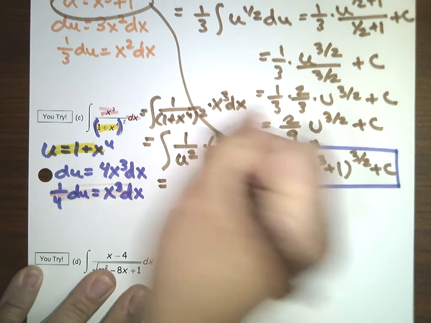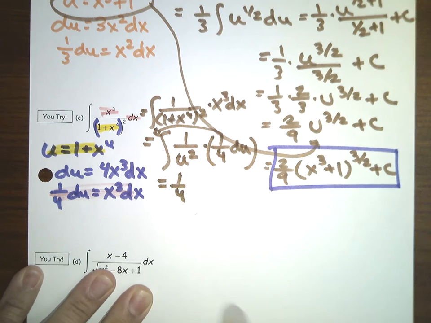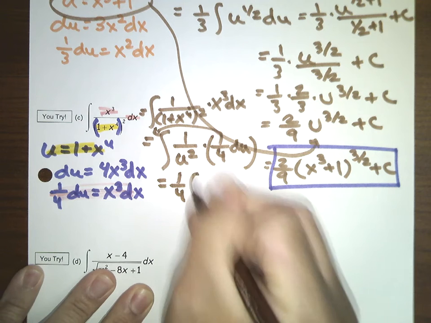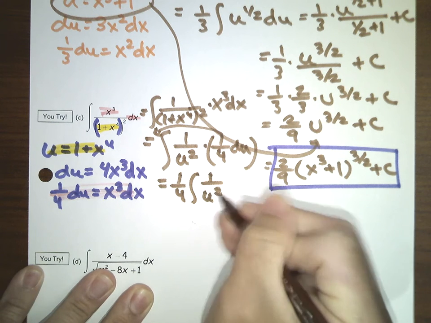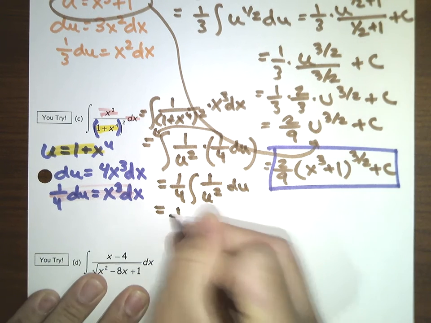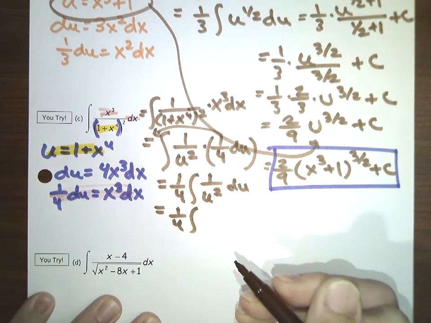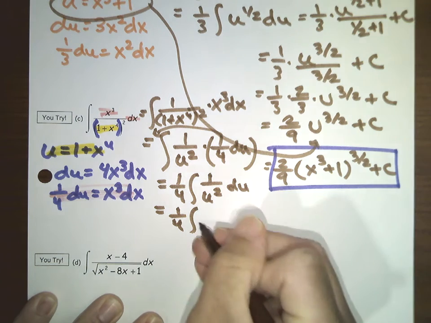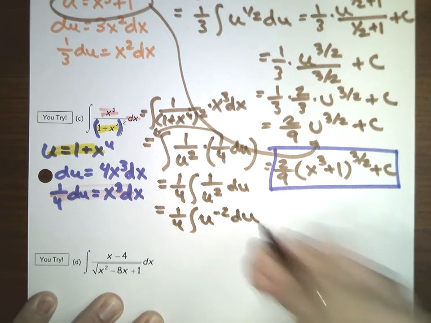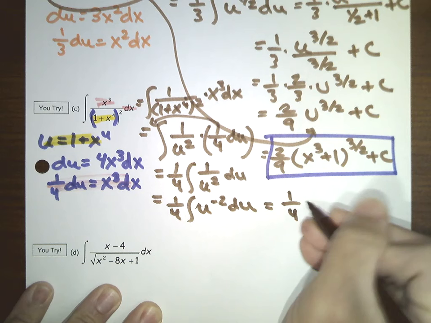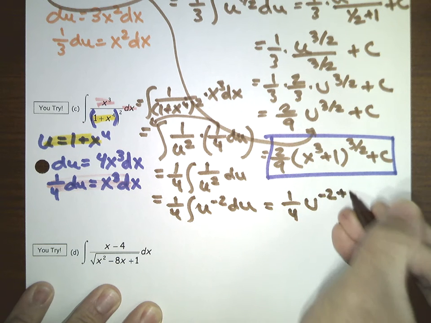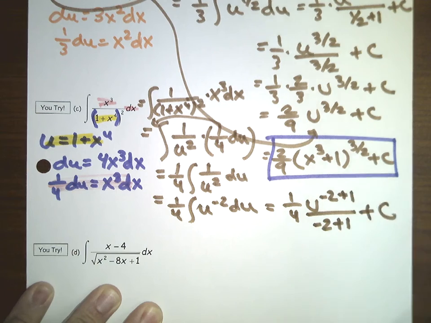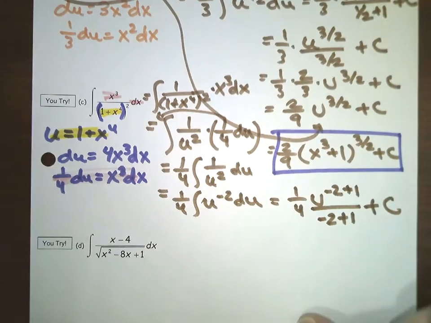I'll bring the 1/4 in front, just like I brought the 1/3 in front in the last problem. And I have the integral of 1 over u squared du. Remember how I rewrote the square root of u as u to the 1/2? I'm going to rewrite this as u to the -2, so that all I have to do is add 1 to the exponent and then divide by the new exponent to get the antiderivative.